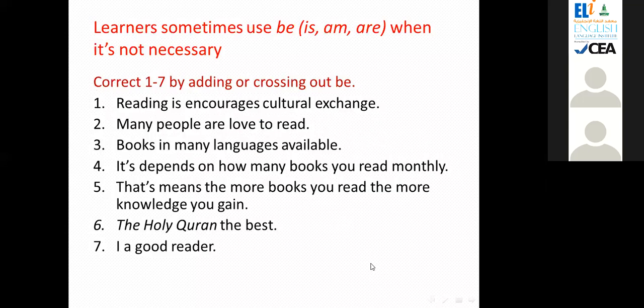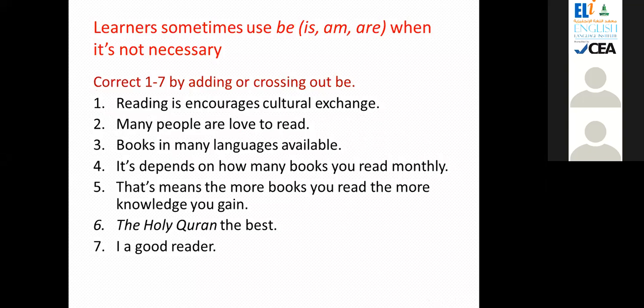Okay, here also the corpus, the Cambridge corpus, suggested that learners sometimes use be as "am" or "is" when it is not necessary. So we have 7 sentences. We are going to correct them by either adding or crossing out be. I will do the first one for you and you do the rest.